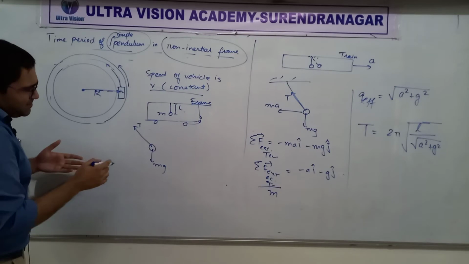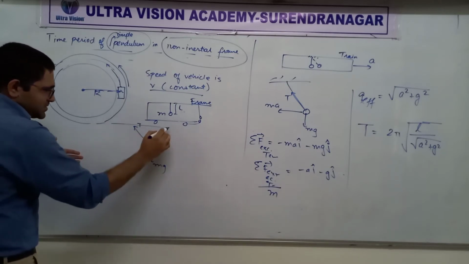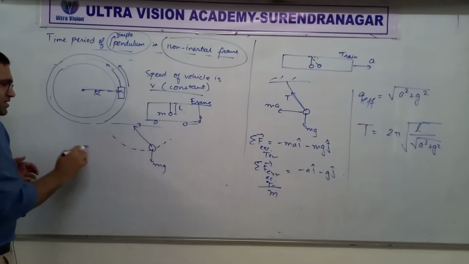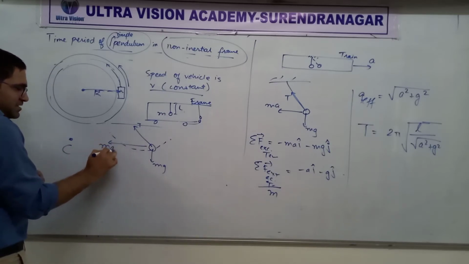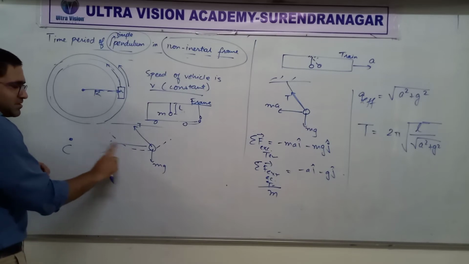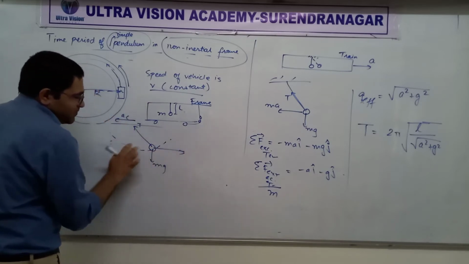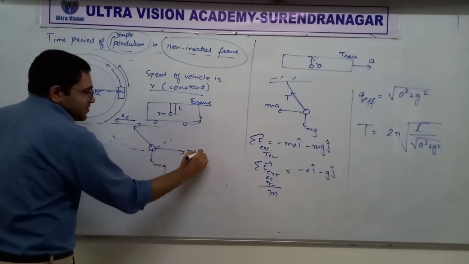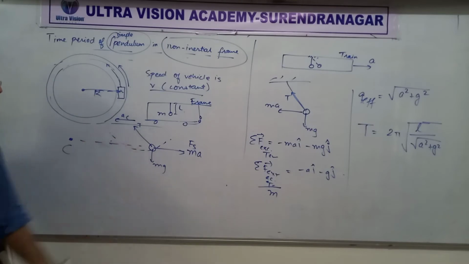So let's say we have drawn it in such a way that this is oscillating in this manner and the center is over here. The acceleration of the frame is towards the center, so the pseudo force is away from the center. Is this clear or not?